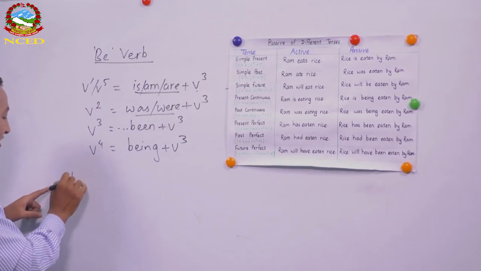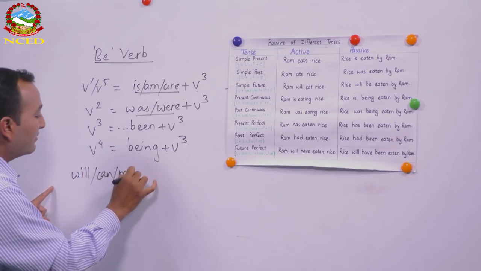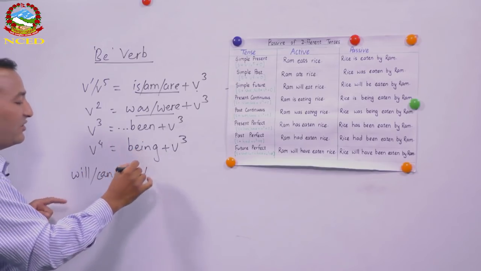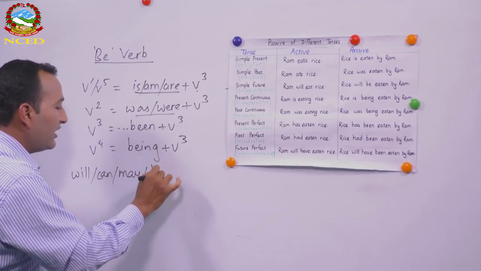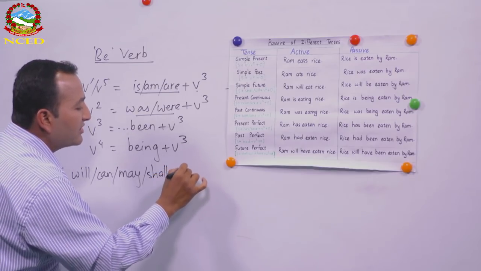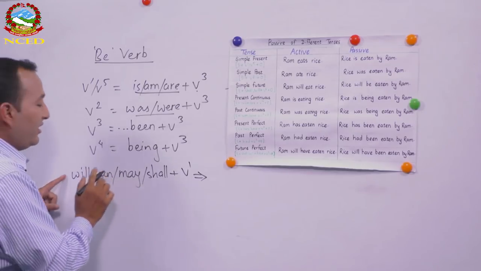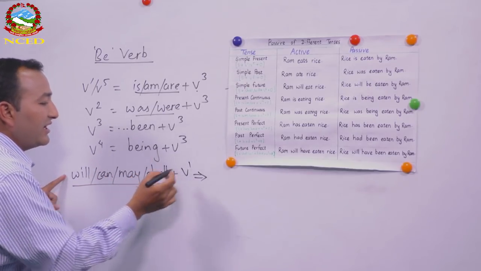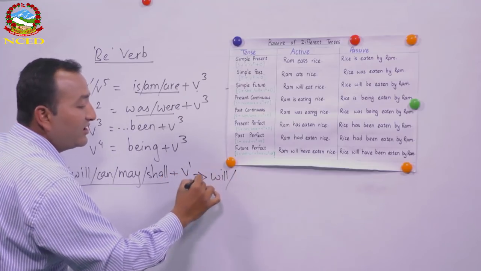Let me write one more thing here. Will, can, may, or we can say some other modal auxiliaries like may, might, can, could, all. There might be shall also, might, could, plus verb 1. If this kind of structure comes, we use these modal auxiliaries first, the same ones we have. If there is will, use will.